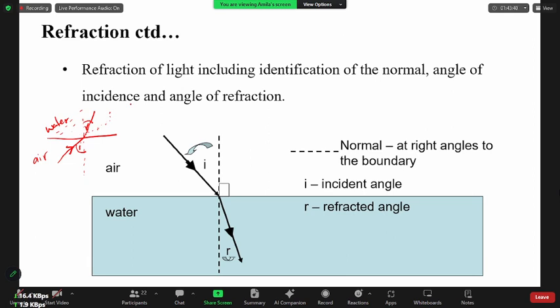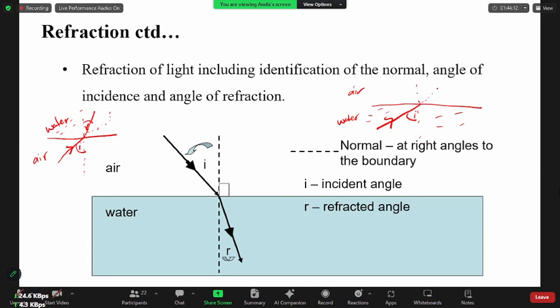And if it is the other way, let's say water to air, you have the incident angle. Now the refracted ray will try to go away from the normal because now the other medium is less dense.